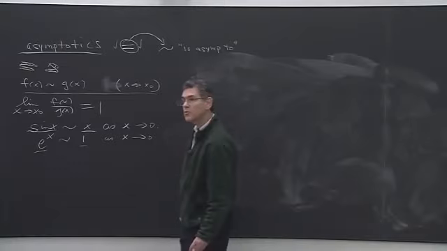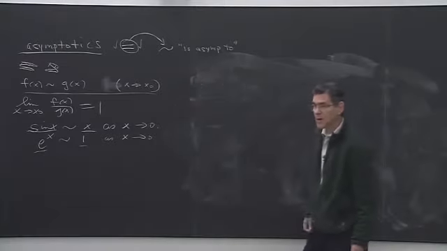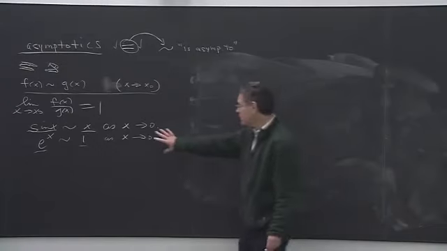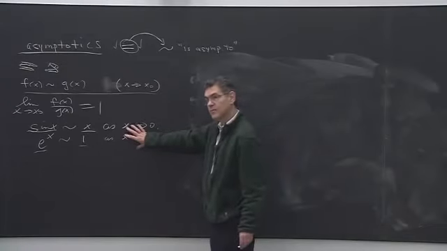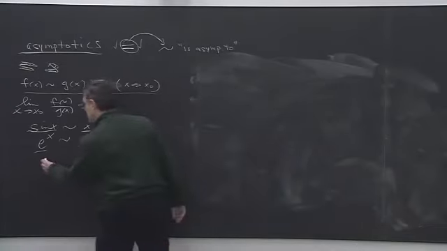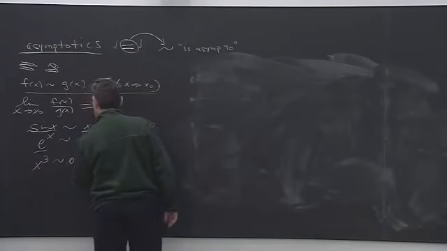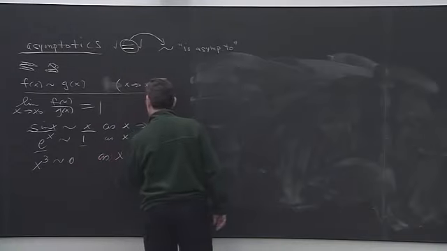So asymptotics is a way of simplifying mathematics that's very, very complicated. Okay? So this is a correct statement. How about the equation x cubed is asymptotic to 0 as x goes to 0?